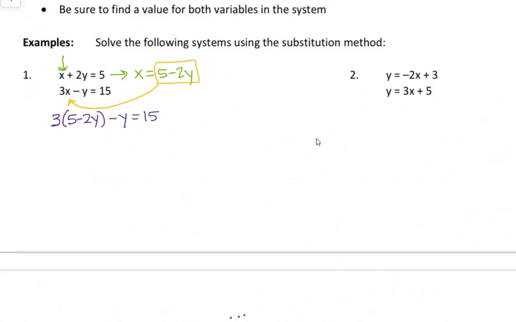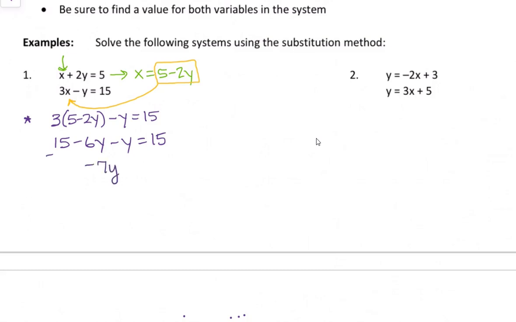So now notice I've changed this system from 2 equations with 2 variables into a single equation with 1 variable. And so I can solve now for that variable. This is just a linear equation, so we just want to clear those parentheses out. So I'm going to distribute that 3 through the parentheses. And then I'm going to combine my like terms on the left. So that's going to give me negative 7y.